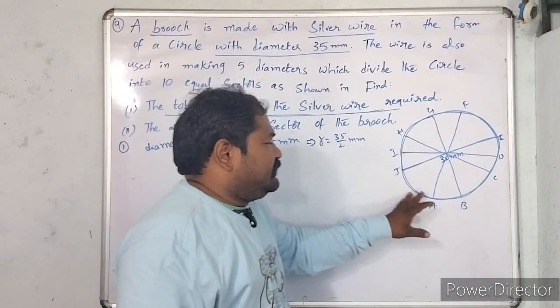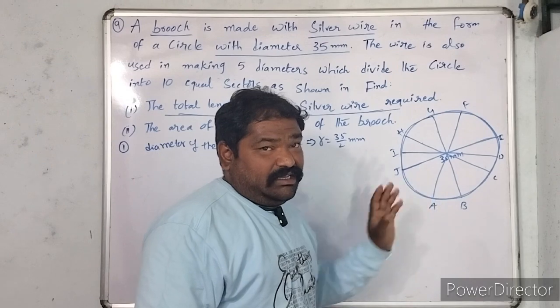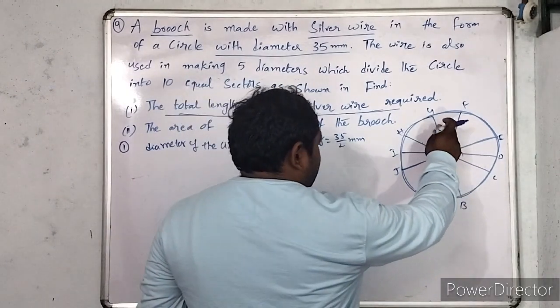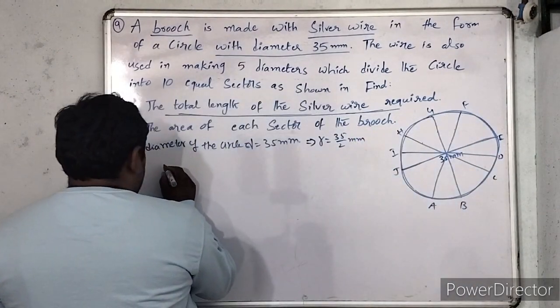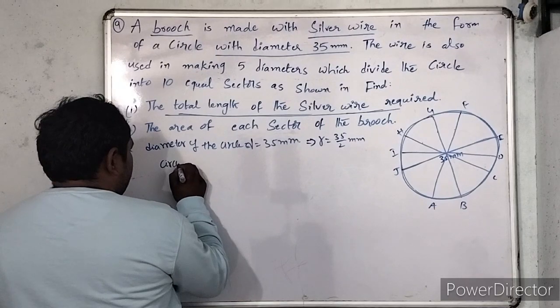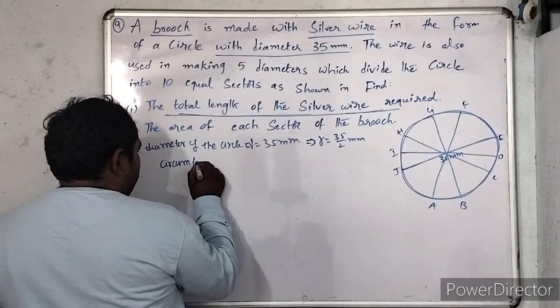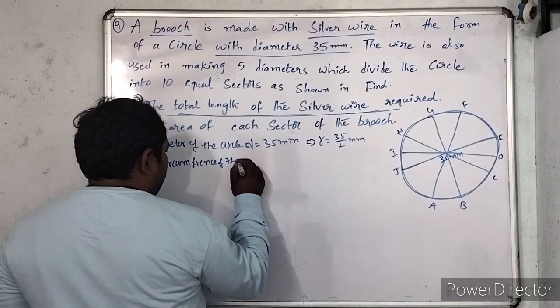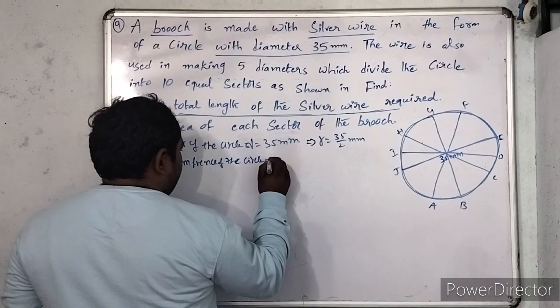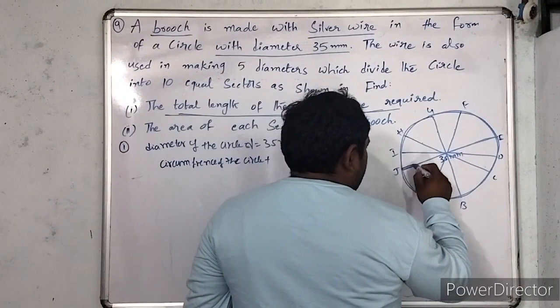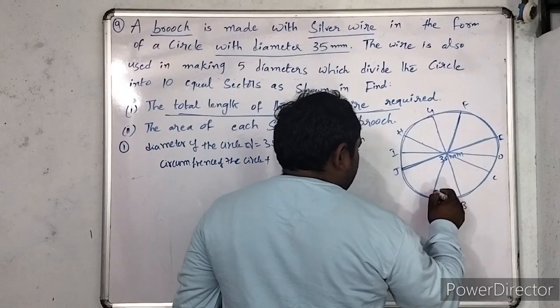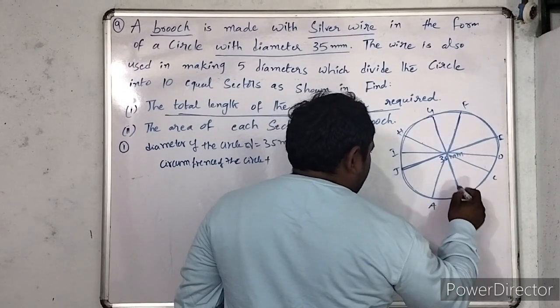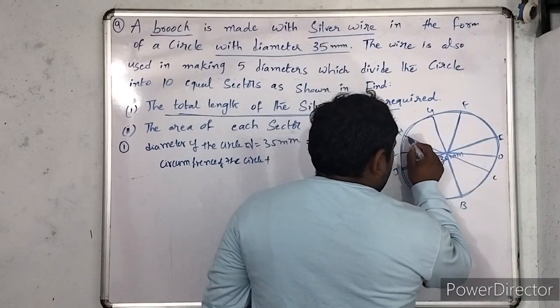To calculate the length of the total wire used, this is the circumference of the circle plus the length of 5 diameters. Why? Because these 5 diameters are also silver wire.